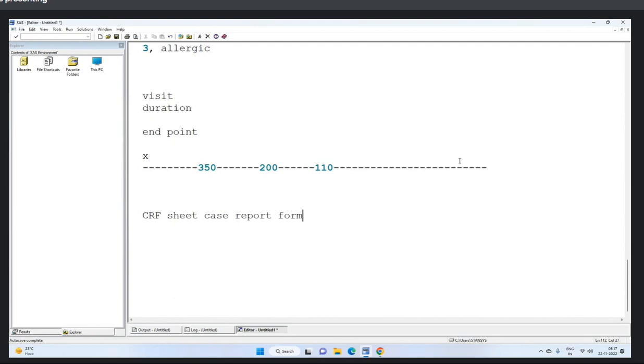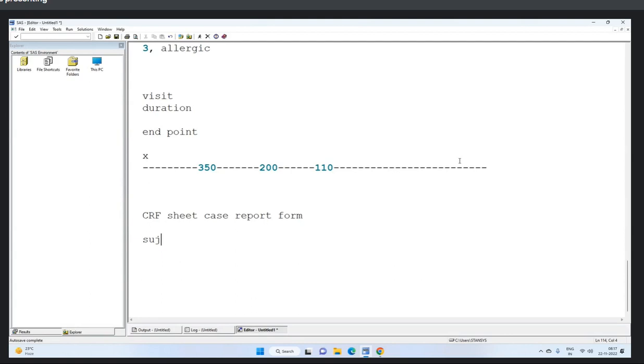Now, when a subject goes to the clinical trial visit, we take the blood samples from the subject and we perform all the tests. When we get the test reports, we enter all the test reports onto the CRF sheet.